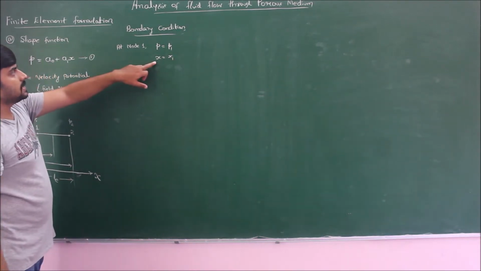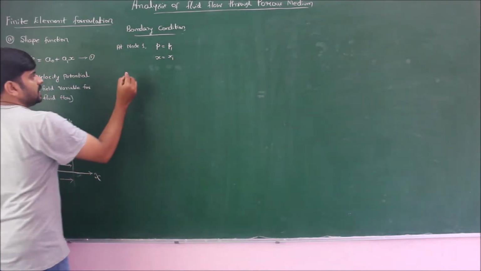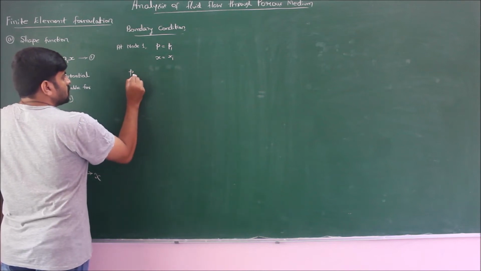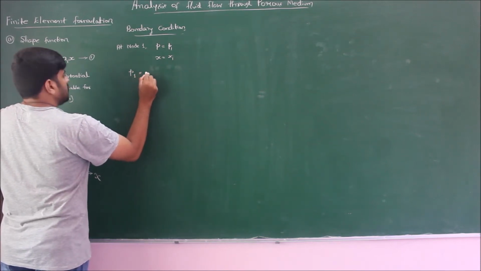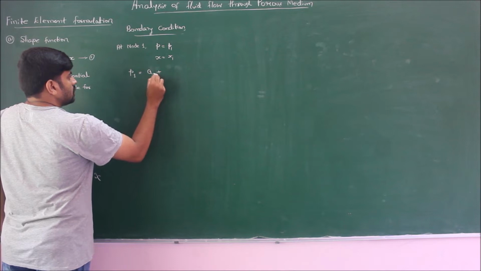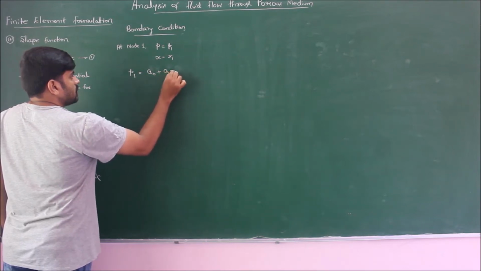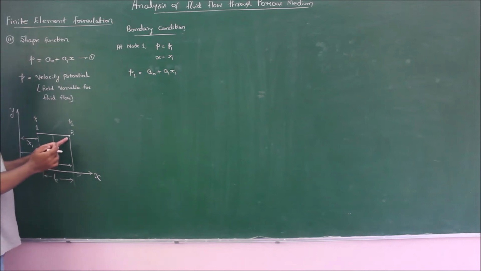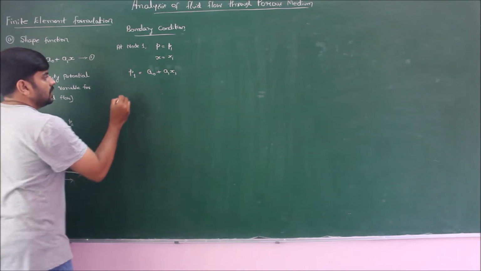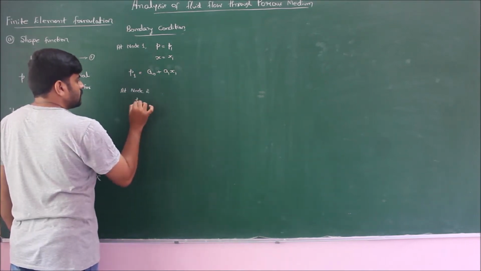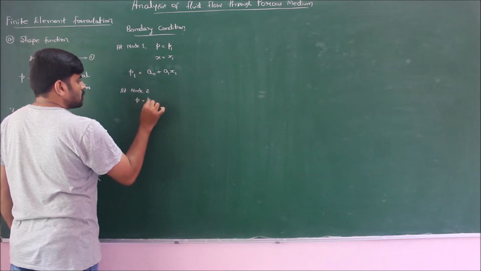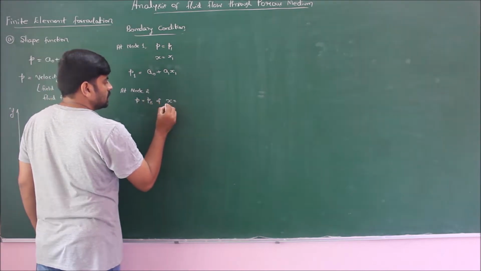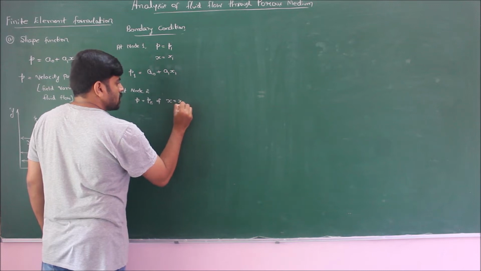So substituting this in equation 1, I'll get the velocity potential at node number 1, P1 is equal to A0 plus A1 x1. Similarly, the boundary conditions at node 2 are, at node 2 the velocity potential P is P2 and distance x is x2.